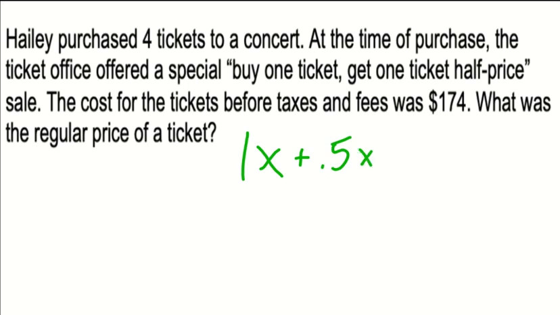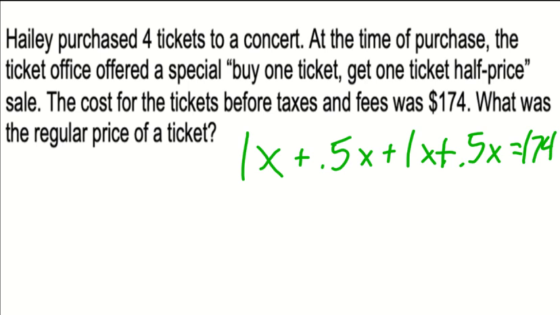Third ticket, she's going to have to pay full price again, so 100%. Fourth ticket, whoops, I need a plus sign, 50%. Total amount she paid, $174. Everybody good with that part?